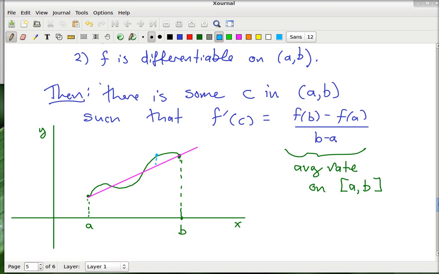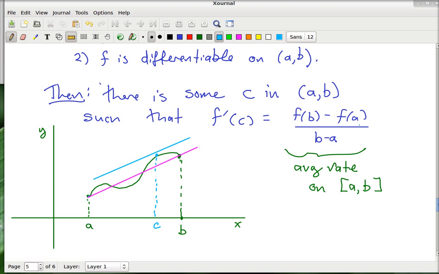Okay, so it looks like this might be a pretty good c here. I'm just eyeballing it, obviously, but it looks to me like the tangent line at that point should be pretty much parallel to the purple line.